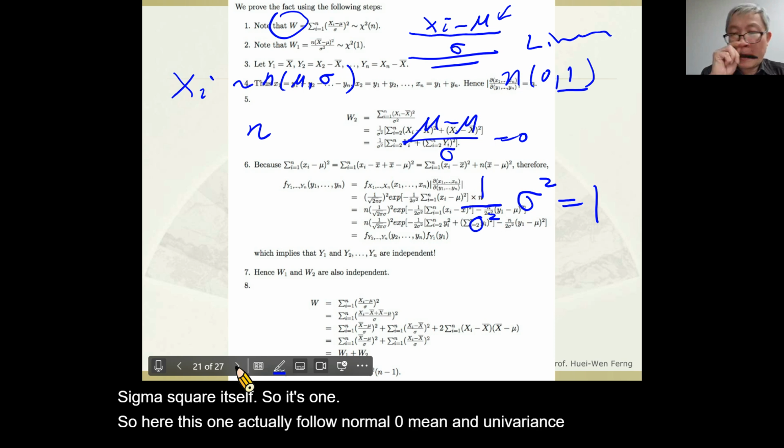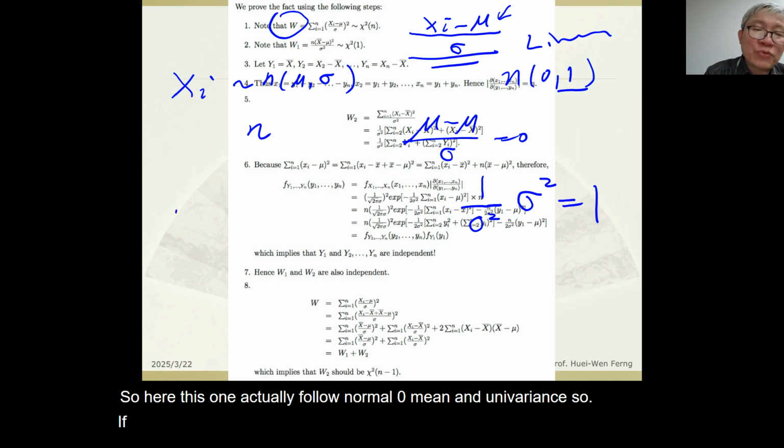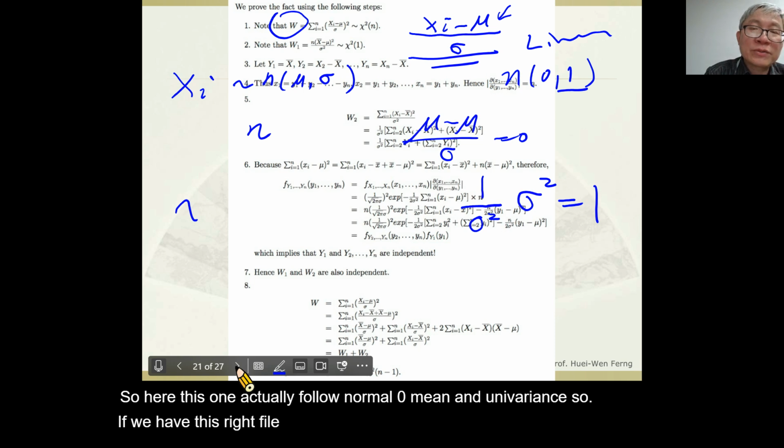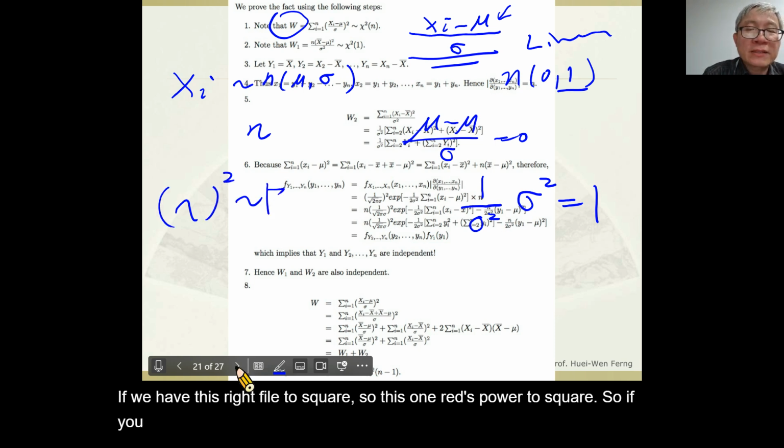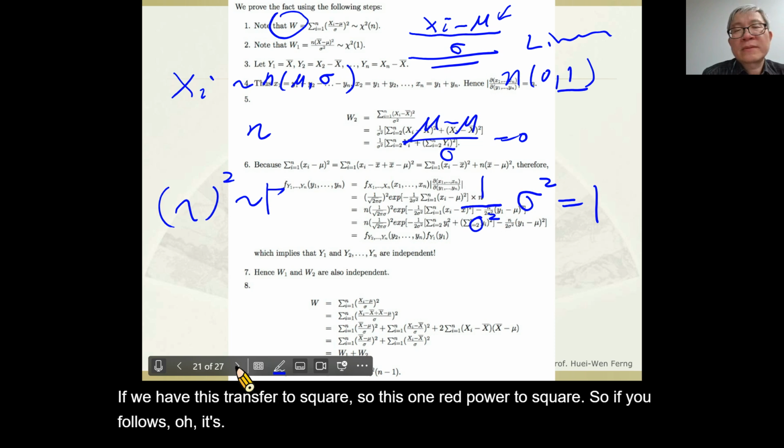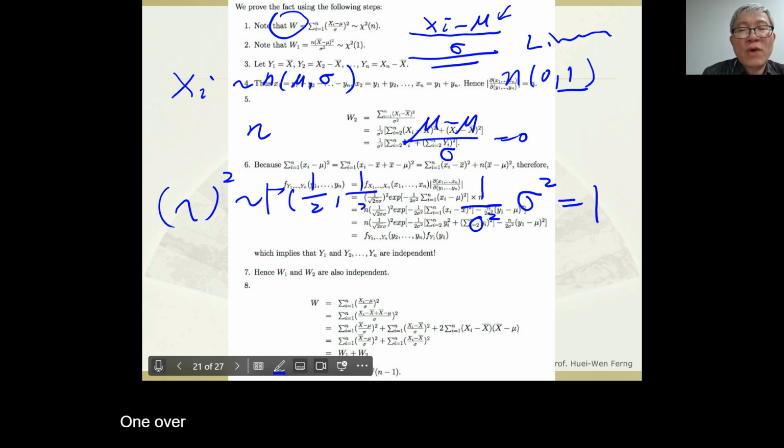If we raise this to the power of square, it should follow chi-square with one half and one half.